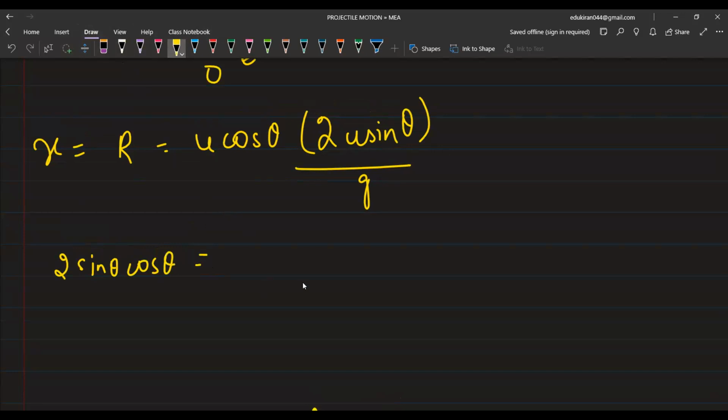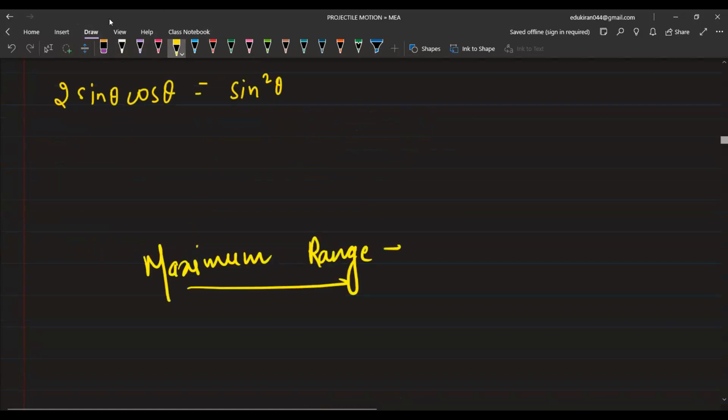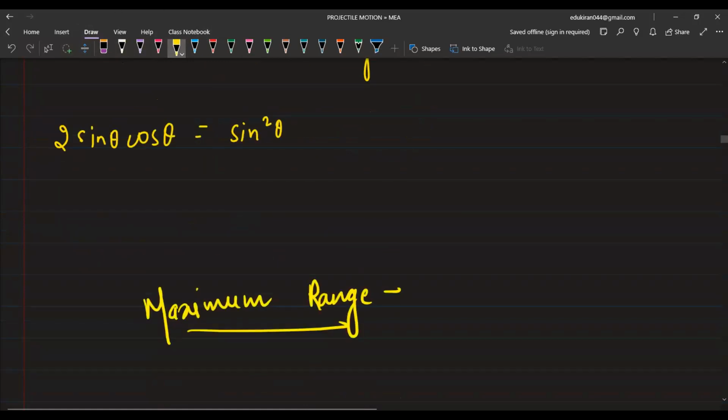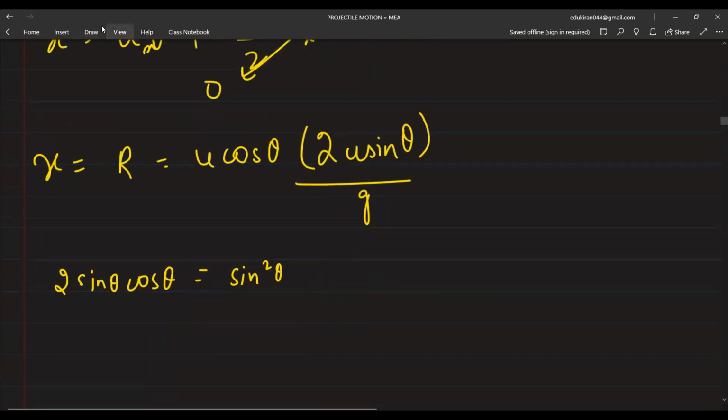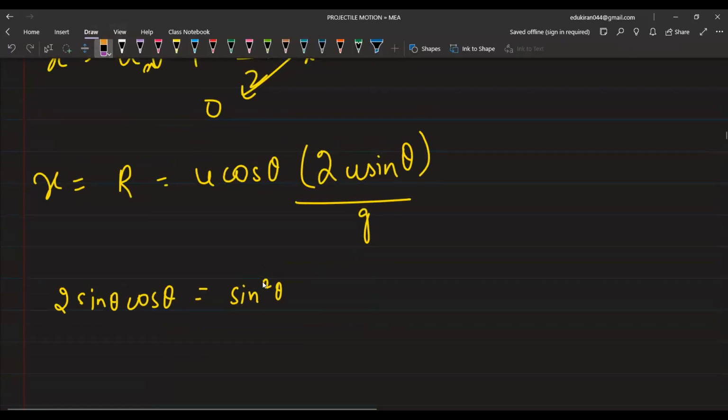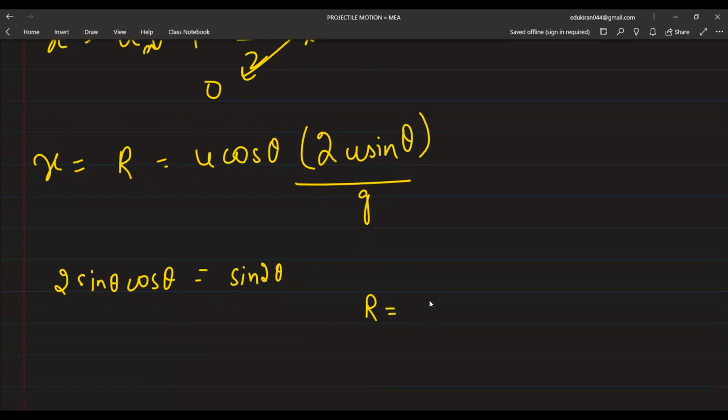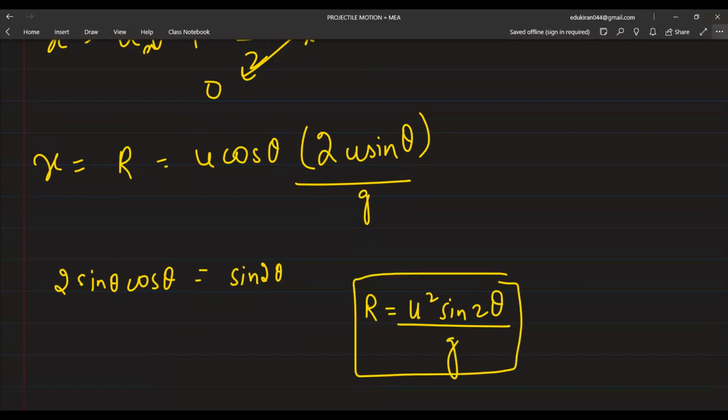So this can be written as sin 2 theta. Fine. Now see, when you have this, now you substitute R is equal to u into u becomes u square sin 2 theta by g. That is the formula for range of motion.